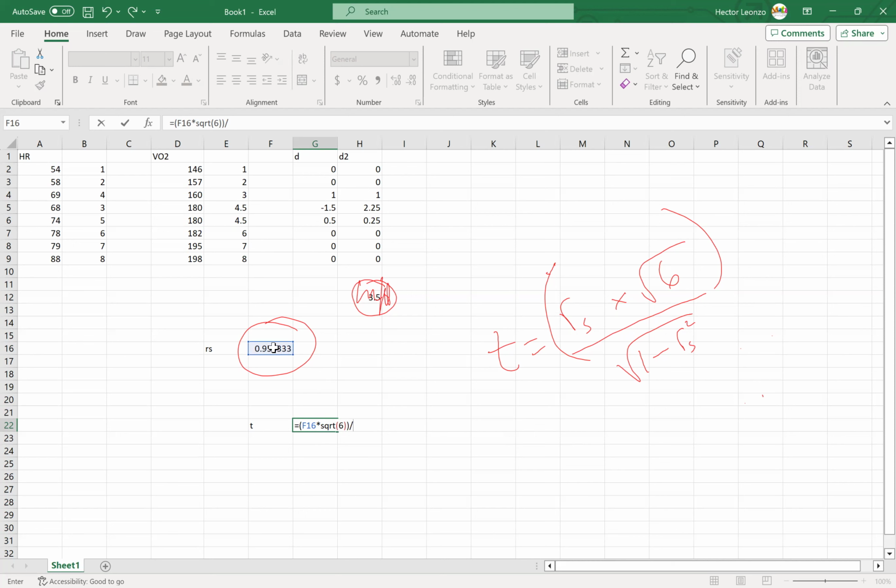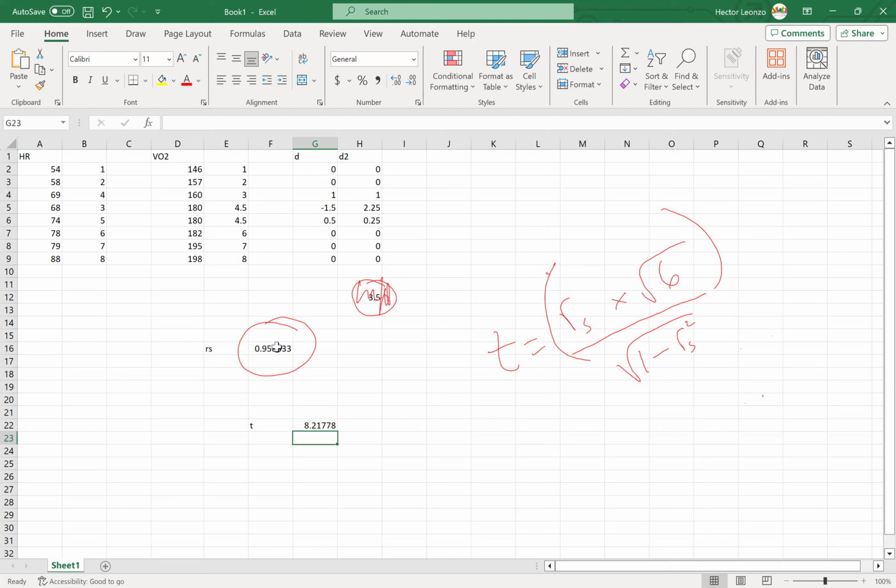Divided by, then at the bottom I have another square root, so SQRT, open my square root, and inside I have 1 minus r times r. So my T value is 8.21778.